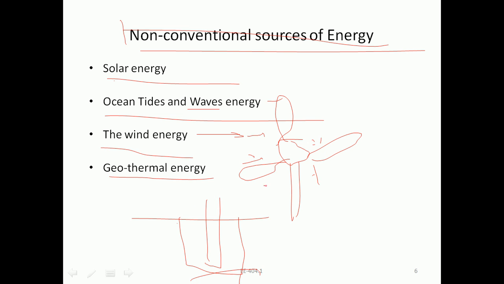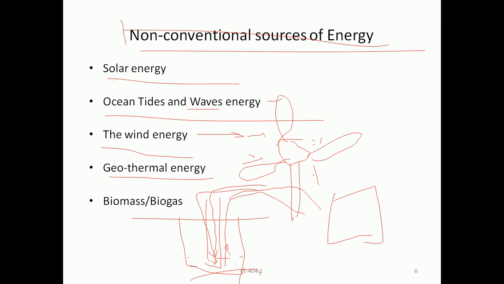We pour water onto the magma, and the water is converted to steam by the heat energy of the earth's crust. That steam rotates the turbine, and the turbine generates the power. That is geothermal.